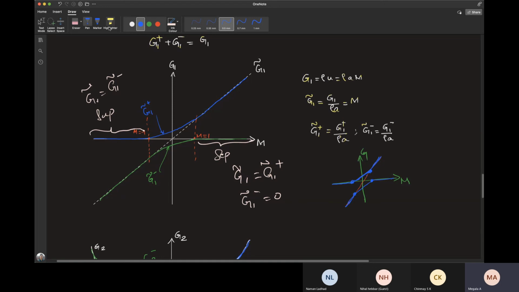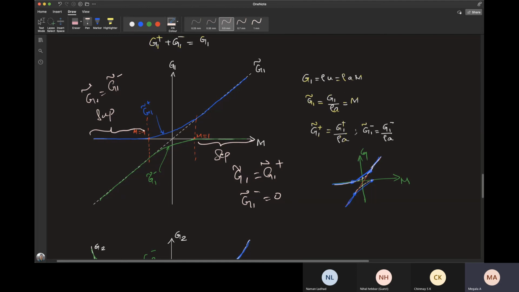We just had 3 straight lines. That is, this is one straight line, this is one straight line, and this is one straight line. For Van Leer, what has happened is, these two lines are still the same, but instead of this straight line, we have a smooth variation. It has become a curve.